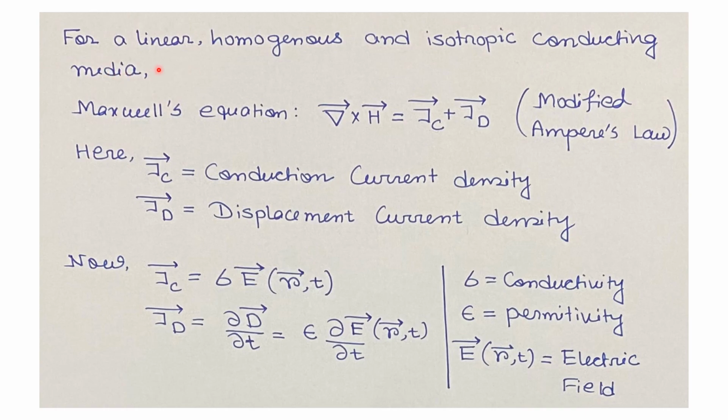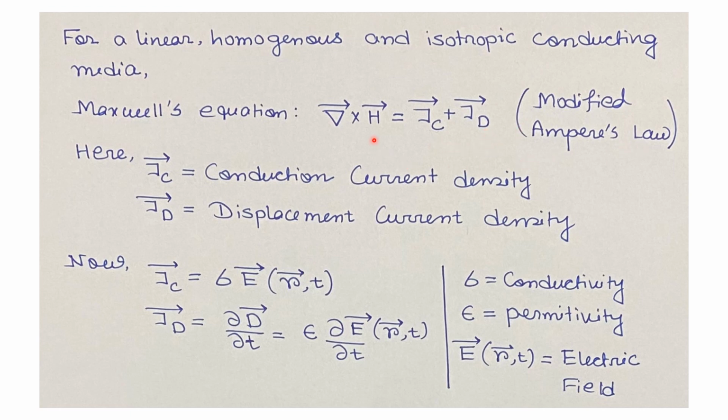For a linear, homogeneous and isotropic conducting media, the Maxwell's equation can be written as curl of H vector equals JC vector plus JD vector. This is also known as modified Ampere's law.